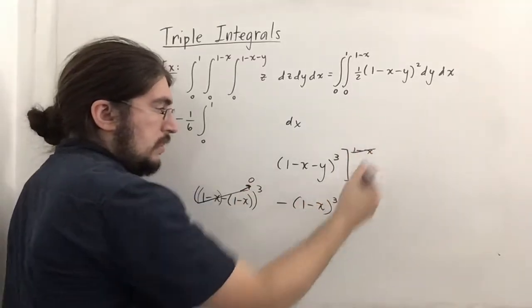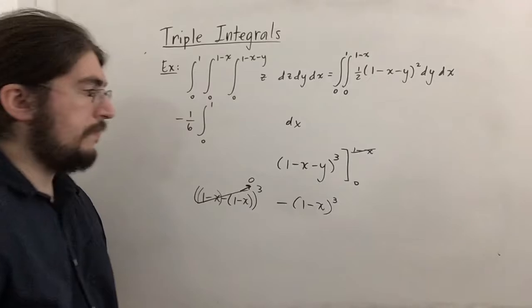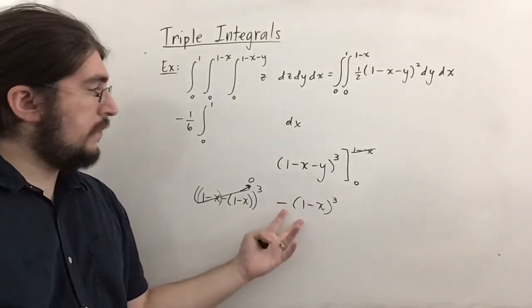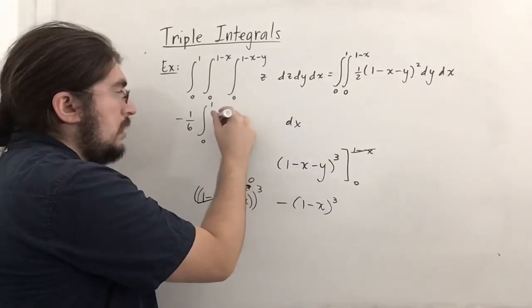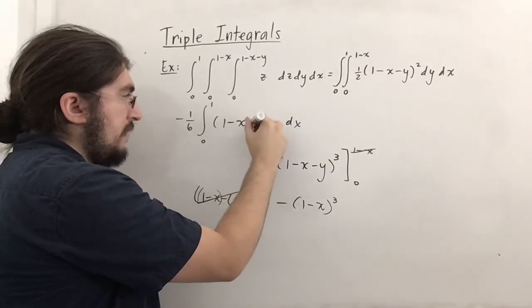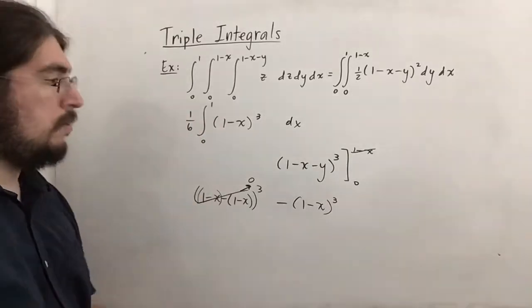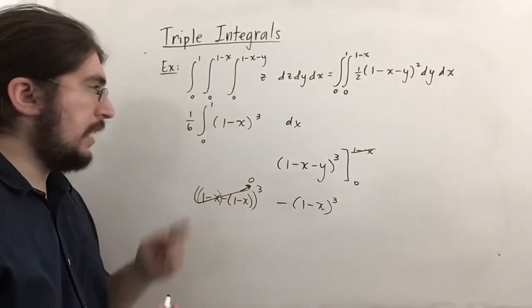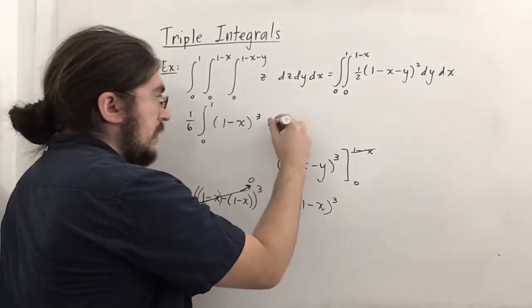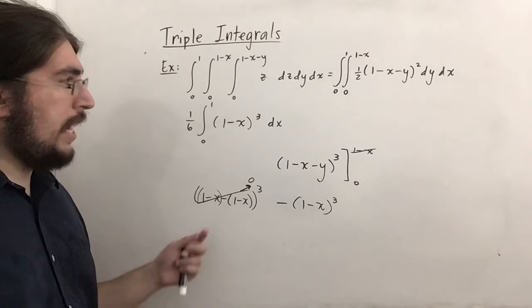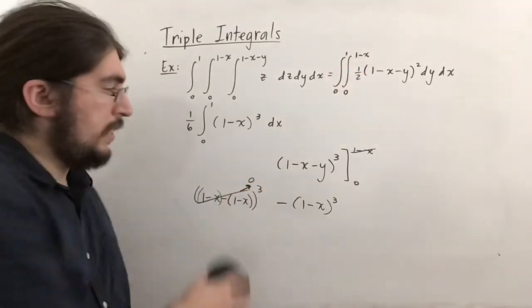Well, kind of, but we still have to do minus the evaluation of 0, so it's going to be this. Which is really nice, because we can pull the negative out here, and that makes a double negative, which cancels out. So we're just left with this. Now this we can handle in a very similar way to how we handled the antiderivative of 1 minus x minus y all squared.